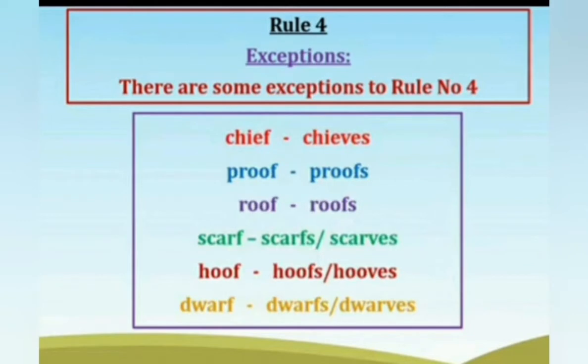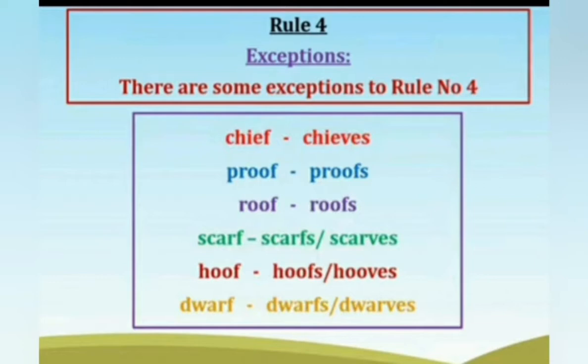Next rule, exceptions. There are some exceptions to rule number 4. According to rule number 4, we have to remove F or FE and add VES in place of F or FE. But there are some exceptions. Let's see the exceptional nouns.